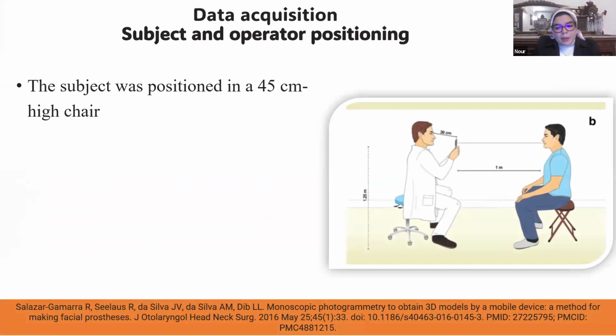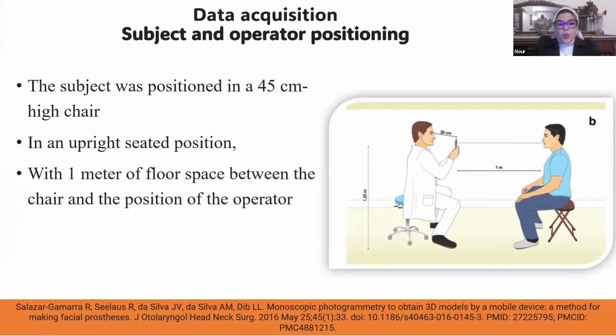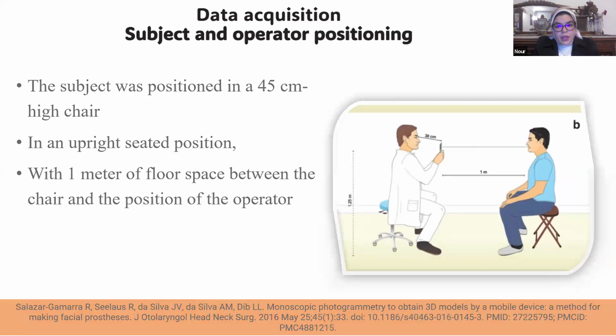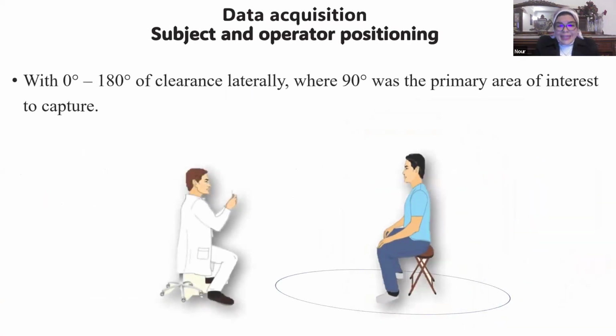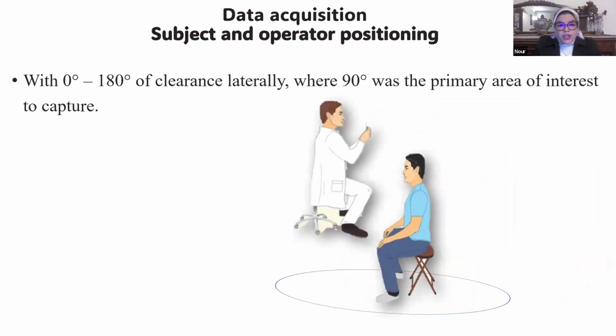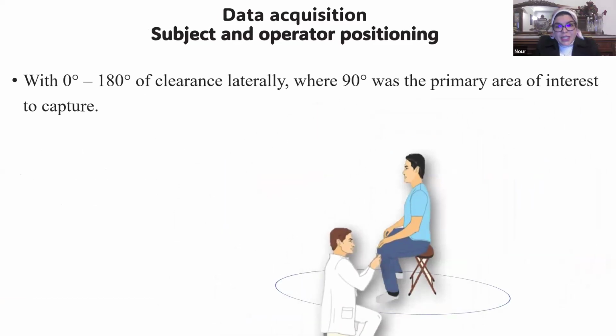So if you want to make the best of those applications, and actually I am talking about academic research behind the algorithms of those applications, you have to position the subject in a 45 centimeter high chair according to this nice research, in an upright seated position, with 1 meter of floor space between the chair and the position of the operator, with at least 0 to 180 degrees of clearance laterally, where 90 degrees will be the primary area of interest.